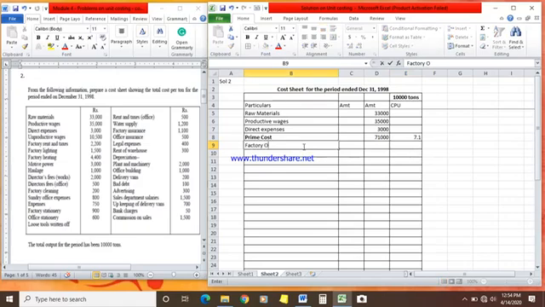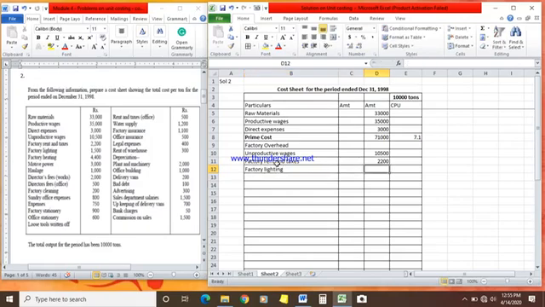The next is the factory overhead. We keep recording the items that come under factory overhead. The first one is unproductive wages, 10,500. Then we have factory rent and taxes, 2,200.